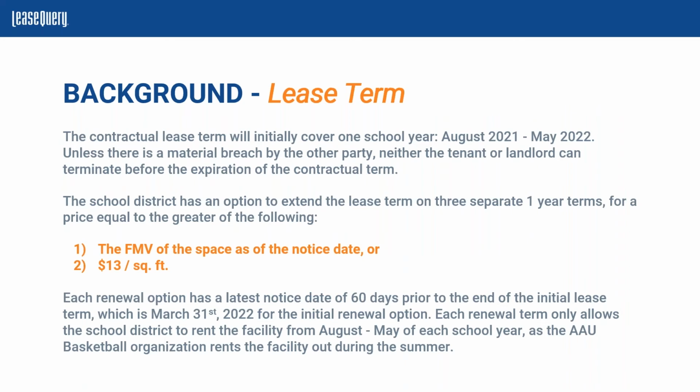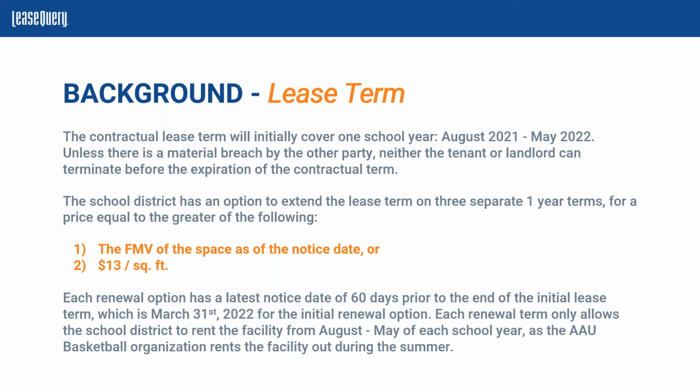Now let's get into some more background information about what's going on here with our example. The lease term will cover one school year, which will be from August of 2021 to May of 2022. But the school has three options to extend the lease term, each for 1 year. So August through May for both of those lease terms or the extensions.